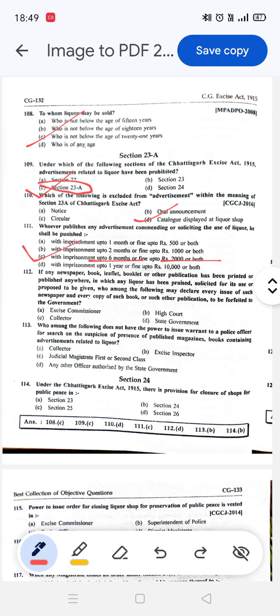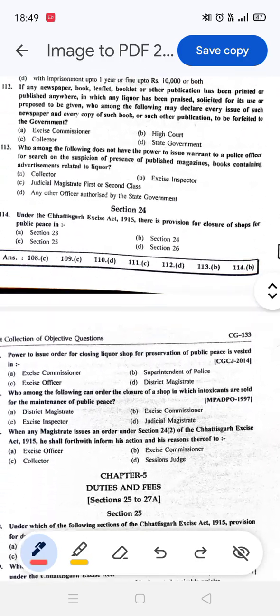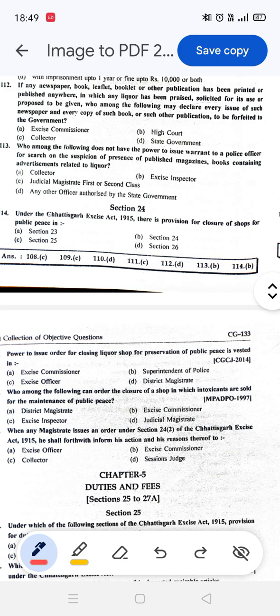Question number 112. If a newspaper, book, leaflet, booklet or other publication has been printed or published anywhere in which any liquor has been praised, solicited for its use or proposed to be given, who among the following may declare every issue of such newspaper and every copy of such book or other publication to be forfeited to the government?